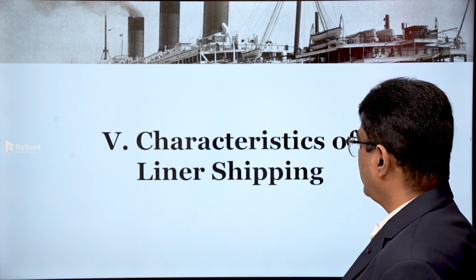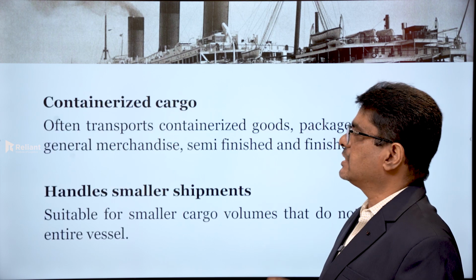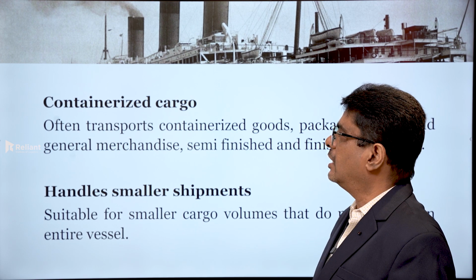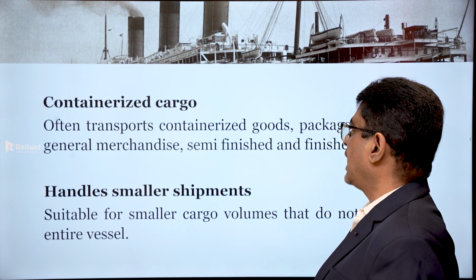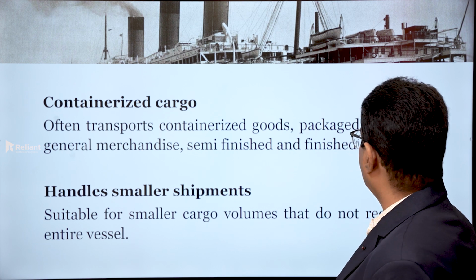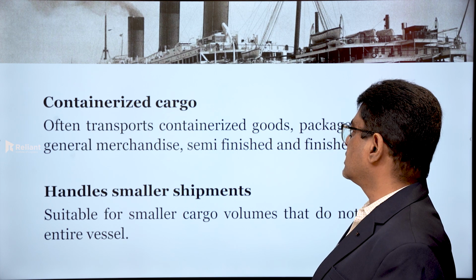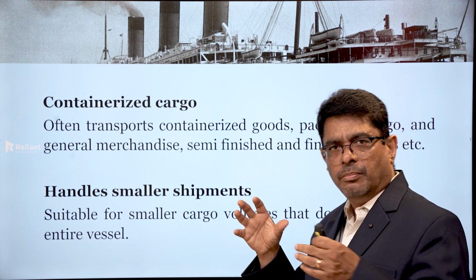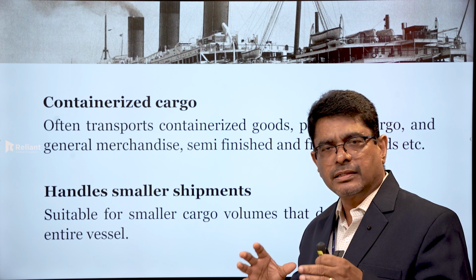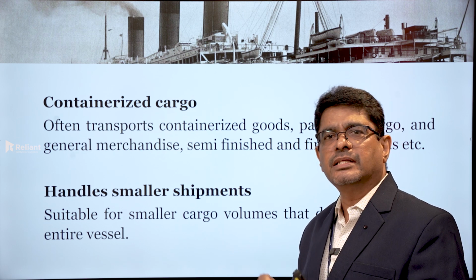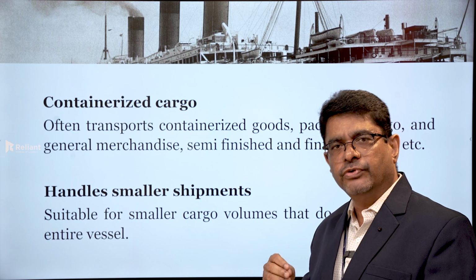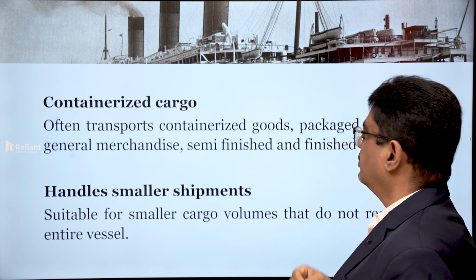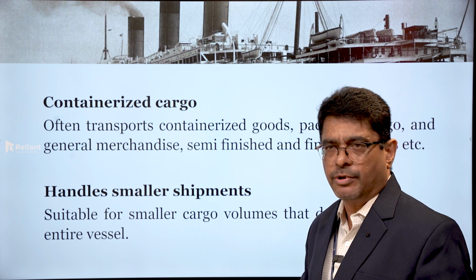What are the characteristics of liner shipping? Basically, this sort of service is in containerized shipping. They often transport containerized goods, packaged cargo, and general merchandise, semi-finished and finished goods, etc. All sorts of finished products, semi-finished products, packed cargo, and general merchandise are used in this type of service.